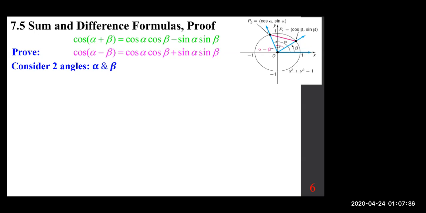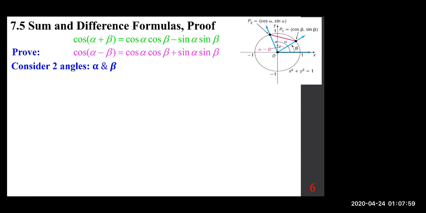P1 has x coordinate cosine beta, y coordinate sine beta. P2 has x coordinate cosine alpha, y coordinate sine alpha. It's very clear. It's just from before where we established the unit circle.